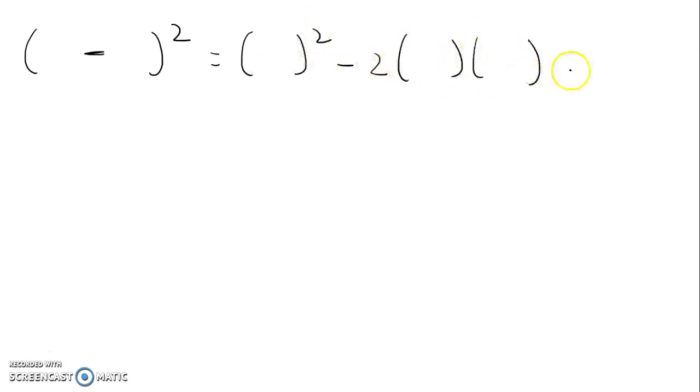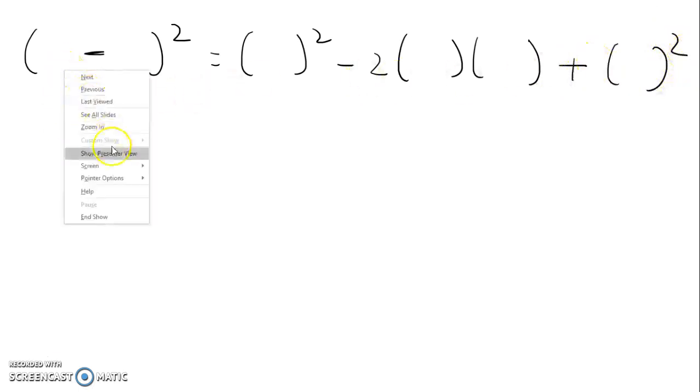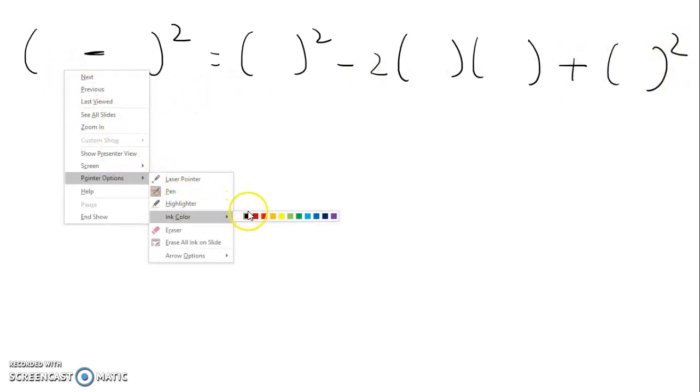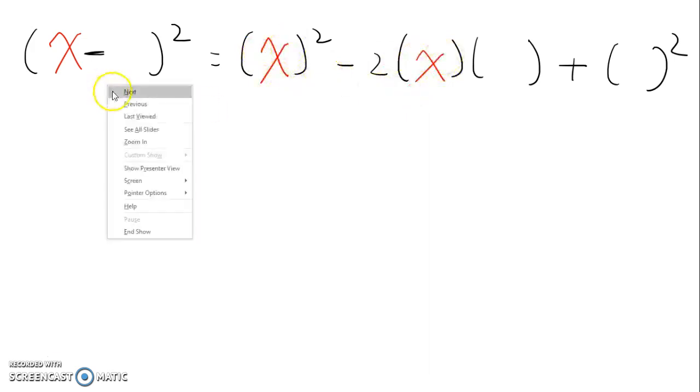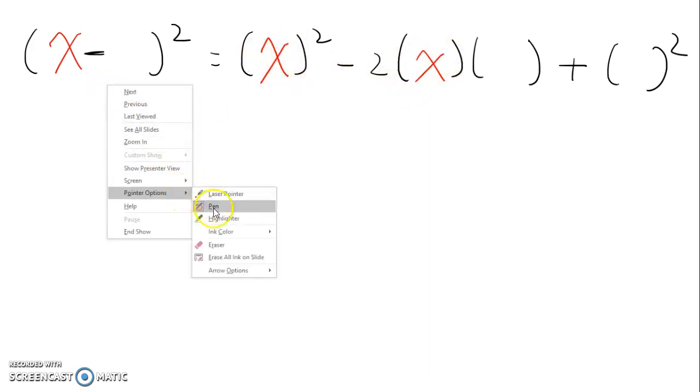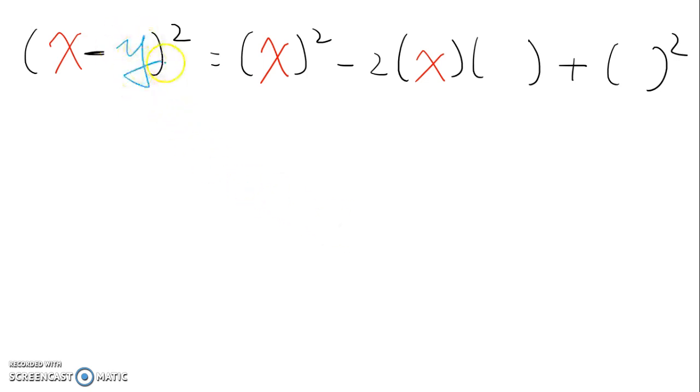Bracket something take away something squared equals something squared take away 2 and then plus something squared. We have an x and a y and y and y.